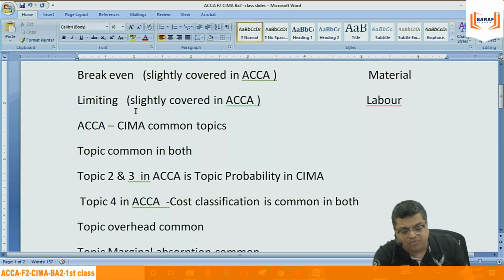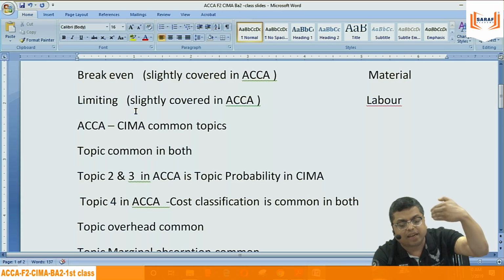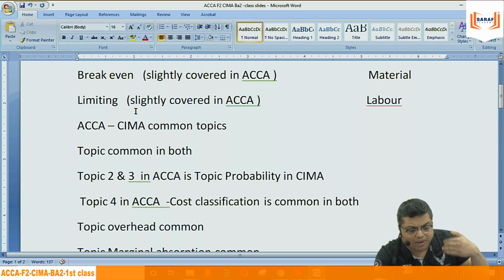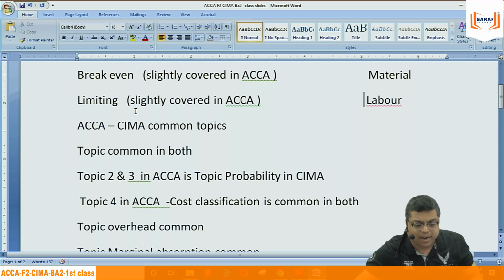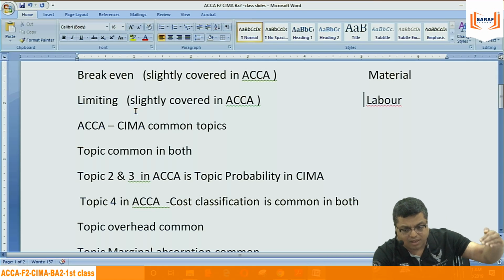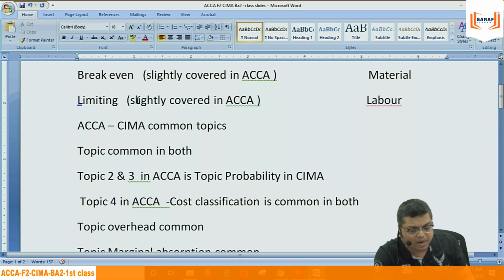They have covered them in the next level, the professional level. But presently at the management accounting F2 level, ACCA has not covered break-even and limiting factor in that much detail. Those things are mainly there in CIMA.